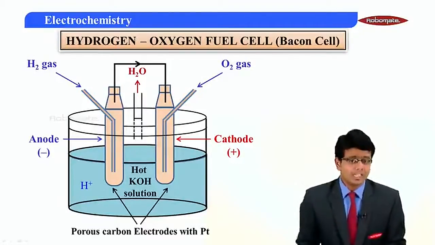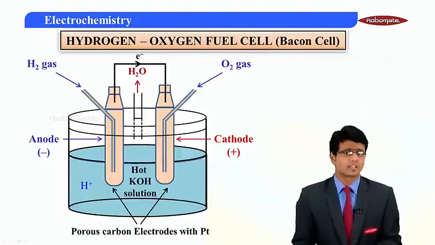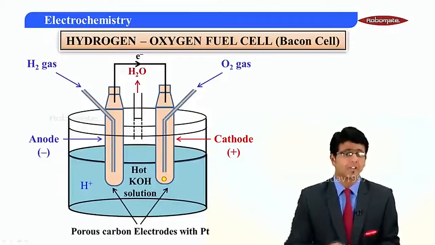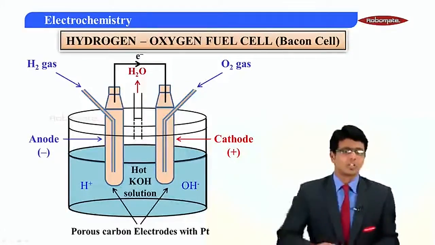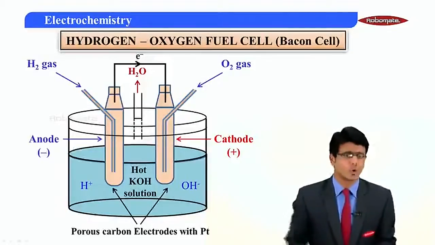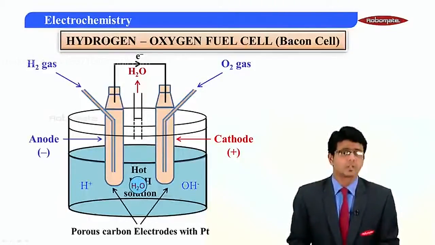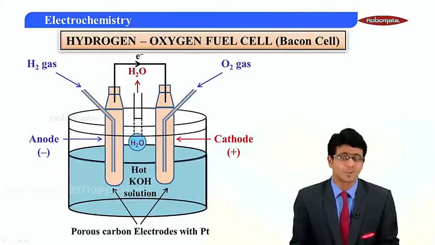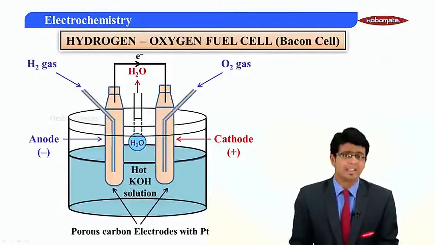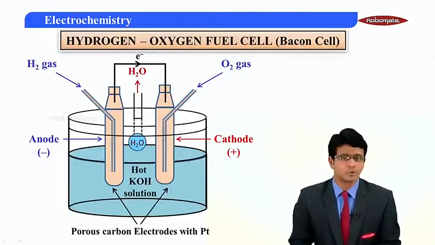Now at the cathode, the oxygen gas will take up the electrons and will get reduced in presence of water to give OH minus ions. So in the solution H plus and OH minus ions will combine to form water, which will be liberated in the form of water vapors. So that is a very simple mechanism involved in hydrogen oxygen fuel cell.